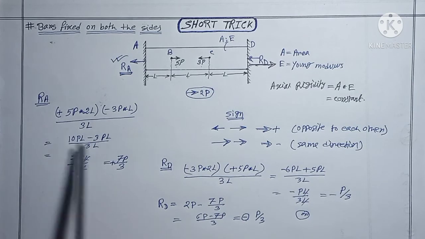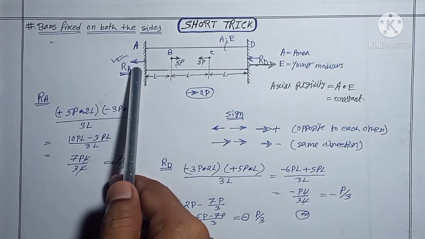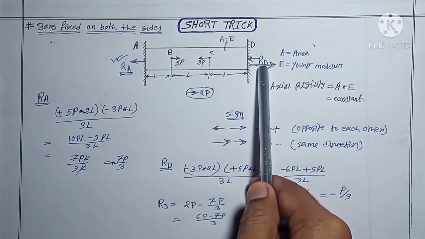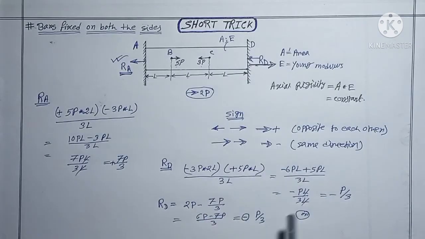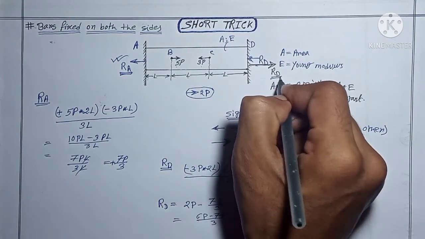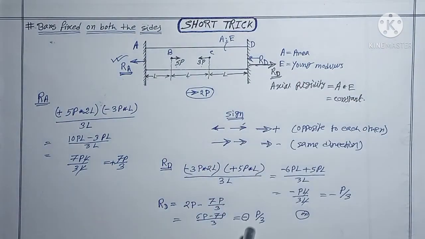The actual direction of RA is the same as what we assumed initially, but the direction of RD we initially assumed towards the left, but actually it should be towards the right. So how can you get the idea about the direction? By observing the sign of the reaction forces.